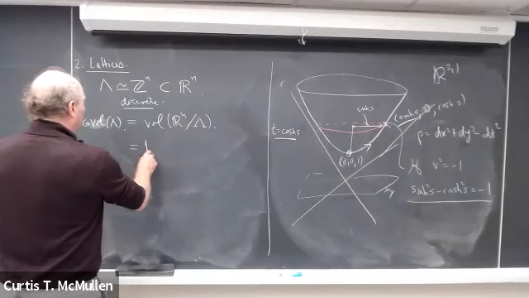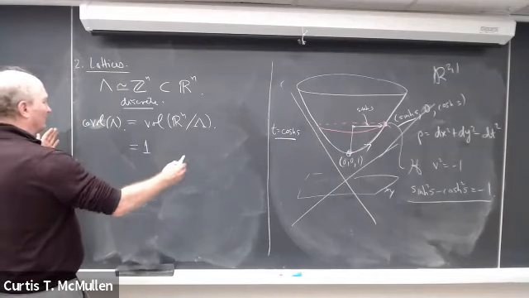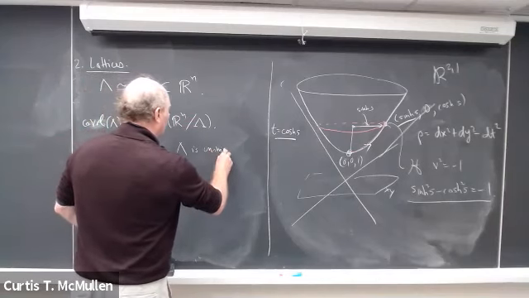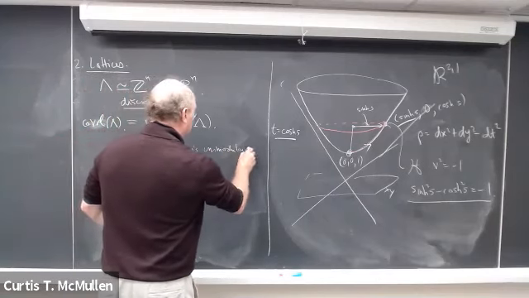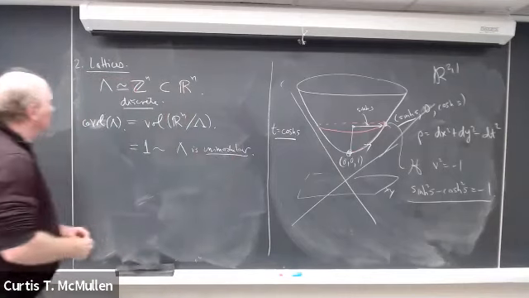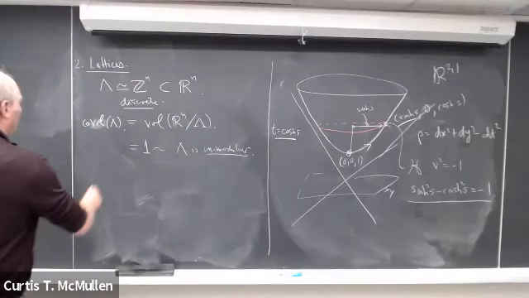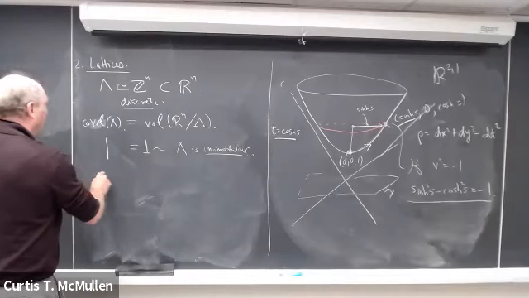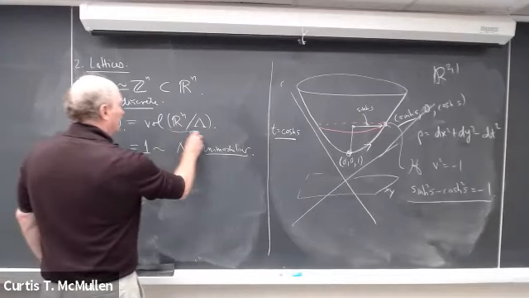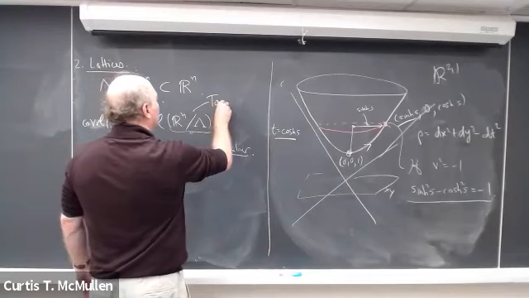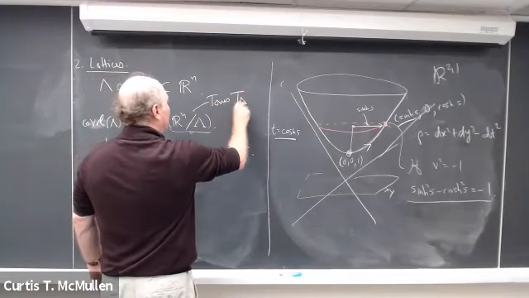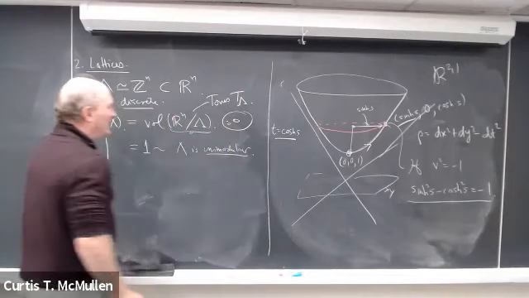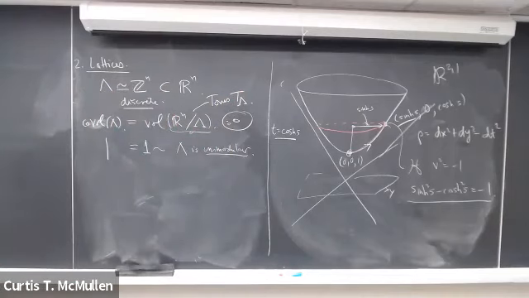So if this is equal to 1, which we can achieve by normalization, then we say Λ is unimodular. And also, we can associate to a lattice the torus here. So we have a geometric picture of a lattice. In fact, it gives us a compact quotient group.